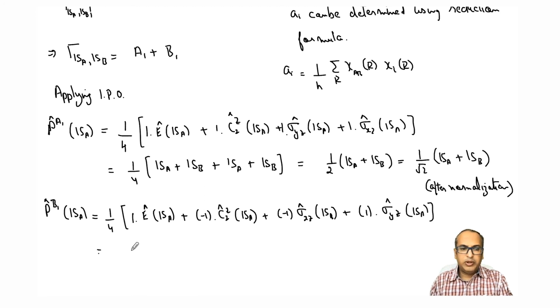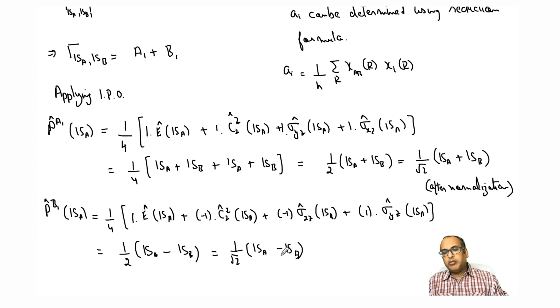Now if you do it, you will see that what you are going to get is 1sA minus 1sB. So you can see the effect of this, and upon normalization we will get 1 over root 2 (1sA minus 1sB), right? So these are the two linear combinations which you will get using the projection operator.